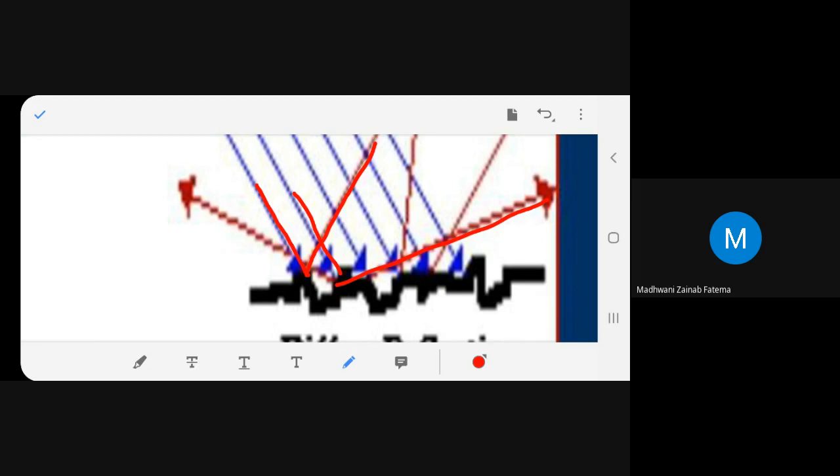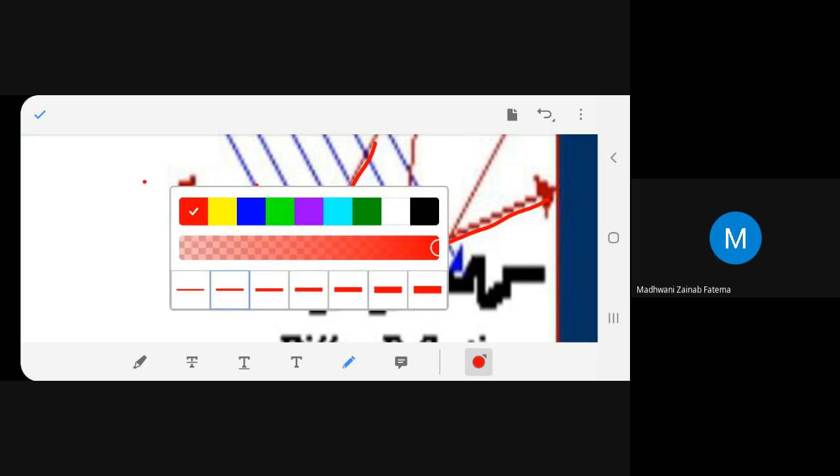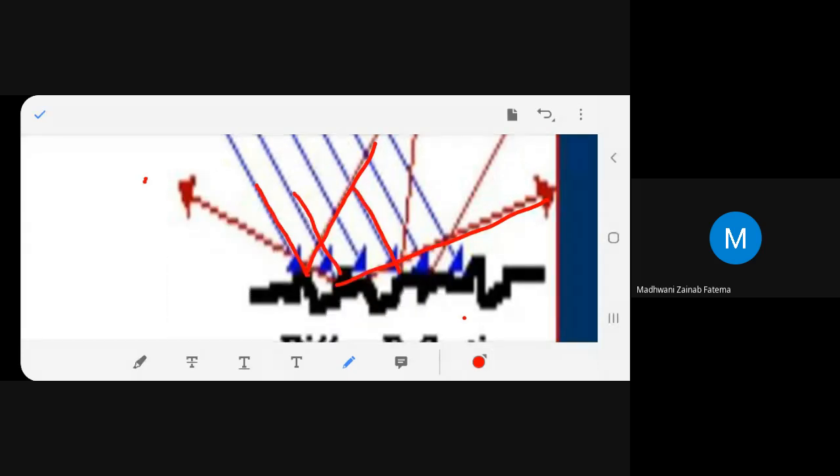This one comes here, and then it goes there. So it is all irregular. So this is called diffused reflection. What is it called, beta? Diffused reflection. Yes, ma'am.